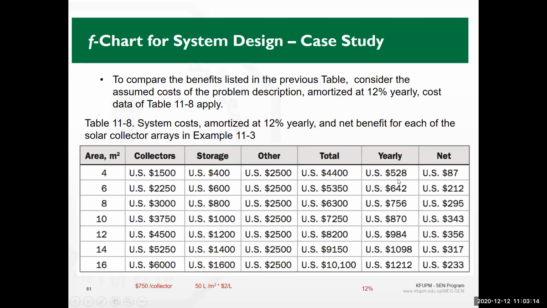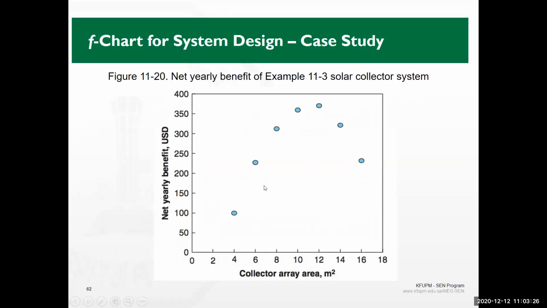And this is the share of yearly value, which is the 12% of the total. And that would be the net value. The net is what is being plotted here to show what's the optimum saving, which means that going for 12 meters square, which is 6 collectors, is going to provide us the best saving for our system.